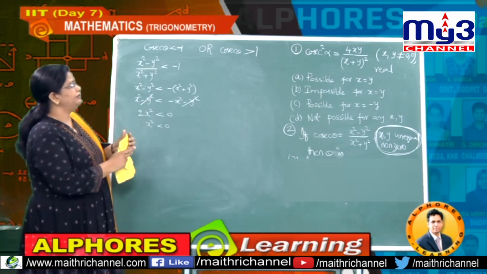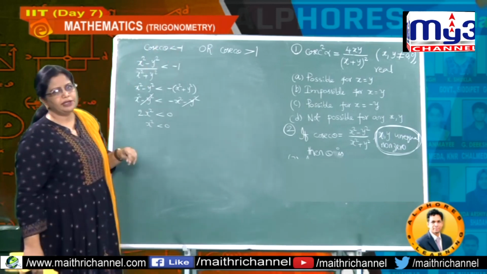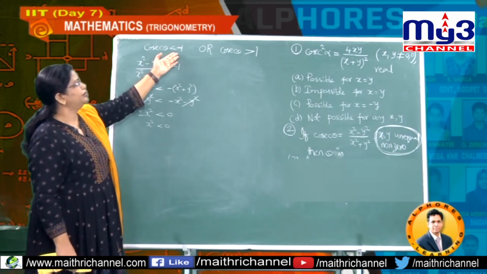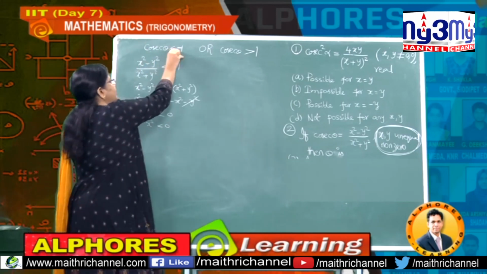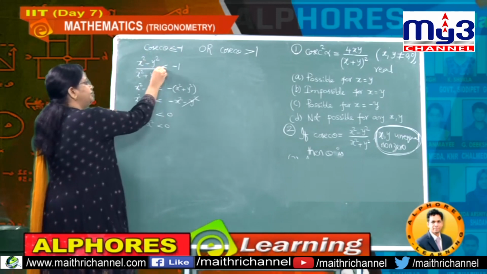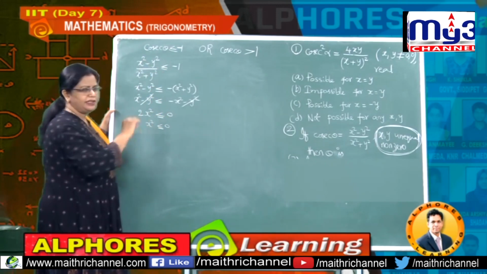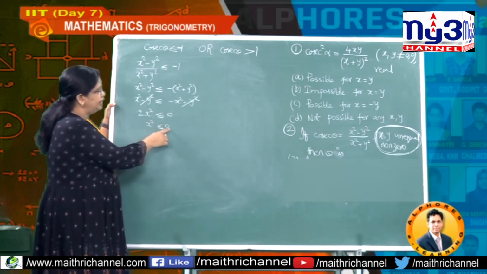So, if you start with the range cosecant theta less than minus 1, now you might ask what will happen for equal to, why didn't you write it? Okay. Suppose I write equal to and put equal to here also, what happens? Again x square less than or equal to 0. X square less than or equal to 0 means what happened here?